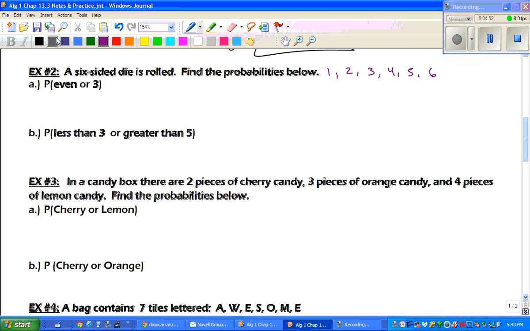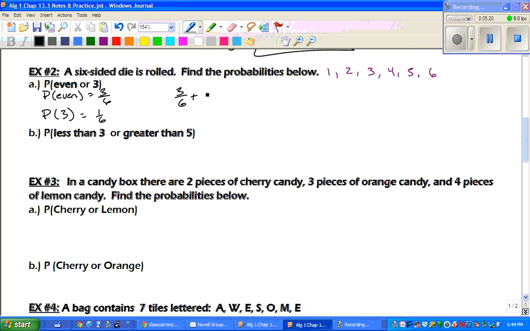The first question says, what is the probability of getting an even number? 1, 2, 3. So that would be 3 out of 6. What's the probability of just rolling a 3? Well, that would be 1 out of 6.